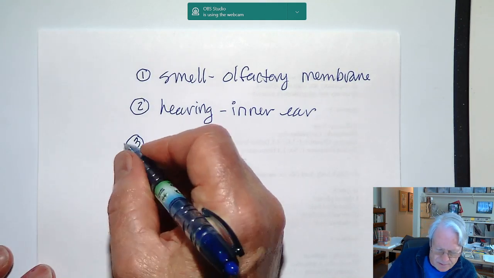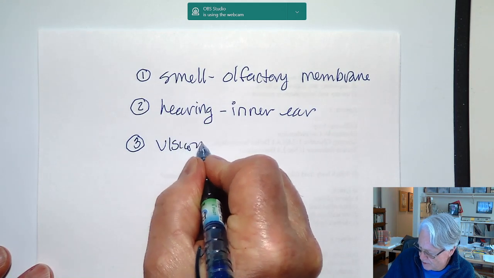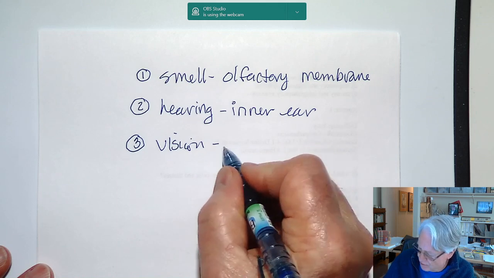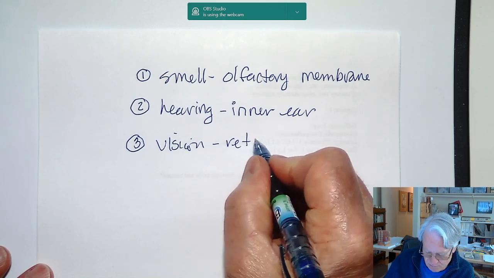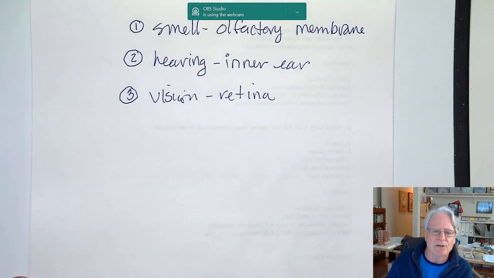Number 3 would be vision. Once again, you're going to run into this in 40B. So vision in terms of the retina and the eye, that's a combination of epithelial tissue and neurons.